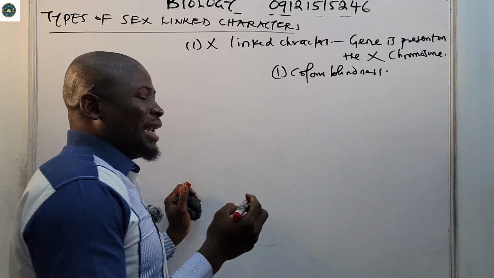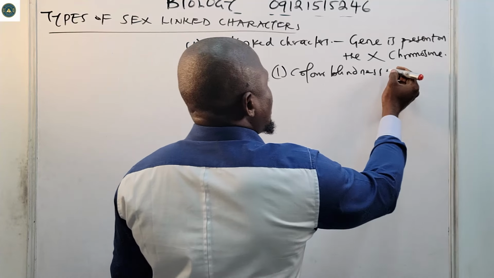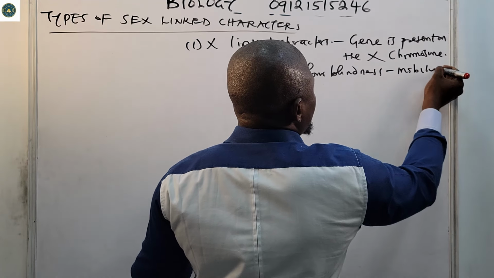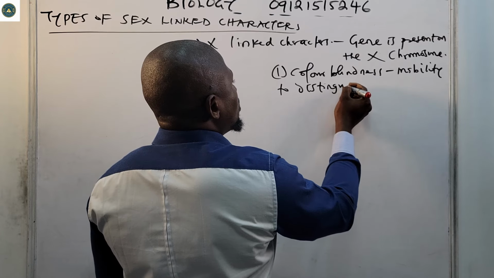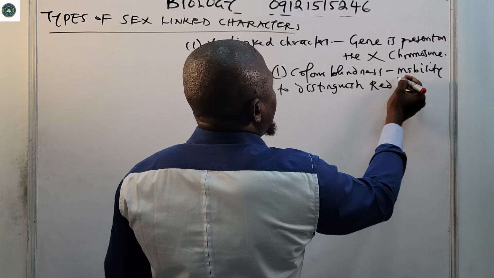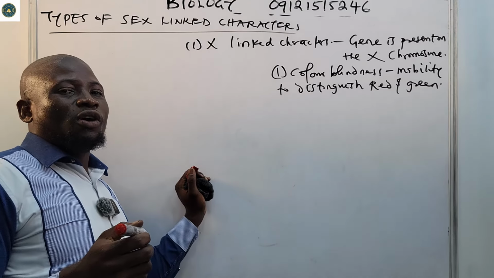In color blindness, you cannot distinguish between red and green. It is the inability to distinguish red and green. They also have another one called hemophilia.